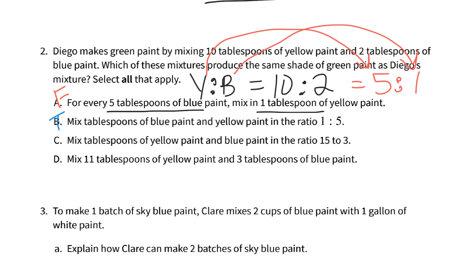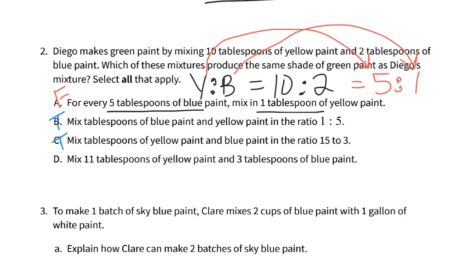Now we're on C. Mix tablespoons of yellow and blue in the ratio of 15 to 3. So yellow to blue, that's the order they gave it to us, in the ratio of 15 to 3. Yeah, it looks like if we took this simplified ratio right here and tripled it, you'd get 15 to 3, and so C is correct. So that's a true statement.